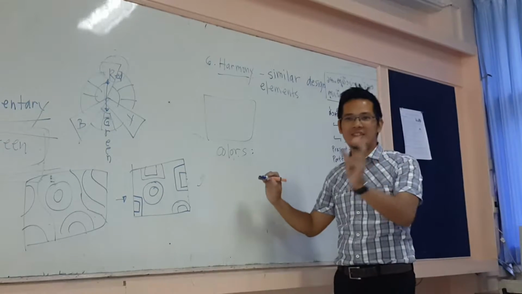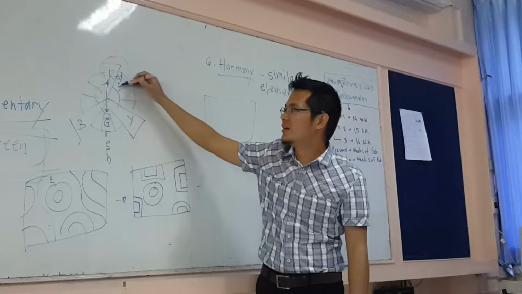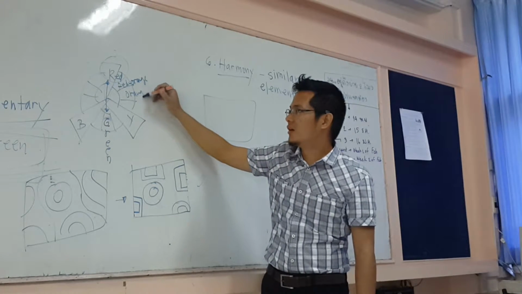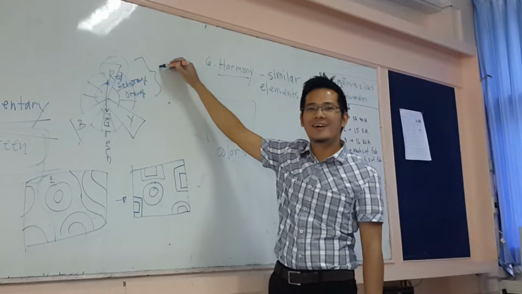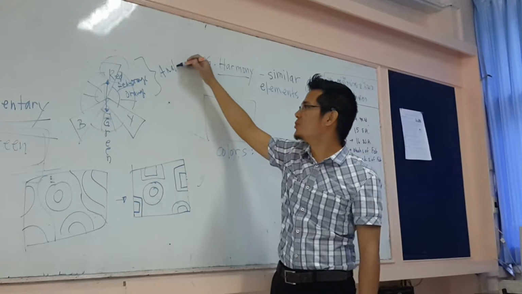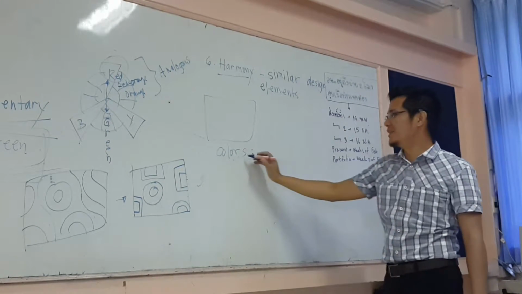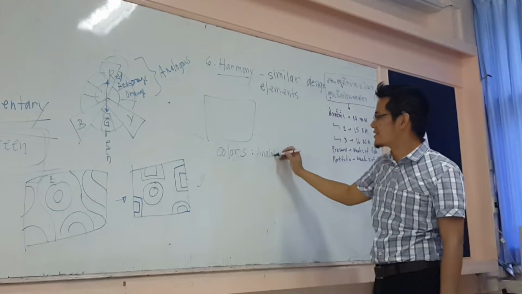When we use similar colors, colors that are near each other, like red, orange, yellow, if we use these 3 colors, we create... Alright, very good. Analogous. 2 points for you. Remind me later. So we call them analogous.